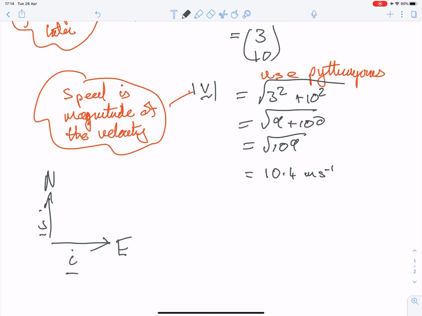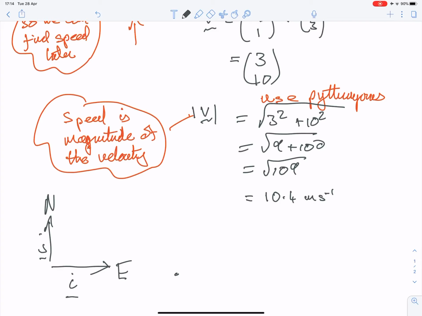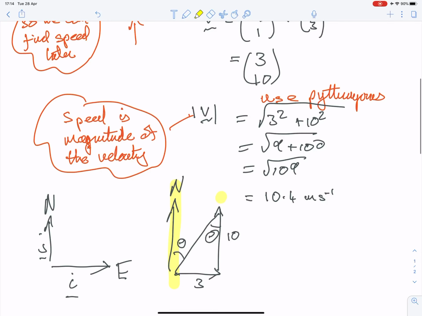So, if we're going to do this, we want to draw a quick sketch. And we're going to start somewhere. We've got to go 3 across and 10 up. Okay, and now we can choose to find the angle, the bearing with the north line. So that's the angle we've got to find. That's the same as that one because they are alternate, because these two lines are both vertical, or north lines would perhaps be a better way of describing them.